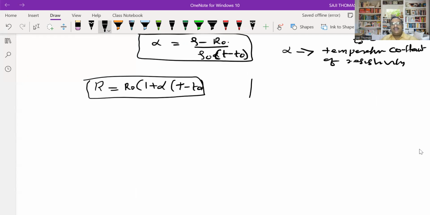We can plot the graph like this. Take resistivity on the y-axis, temperature on the x-axis. It will be an increasing graph like this for metals.